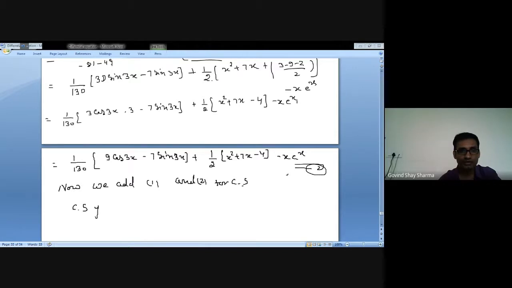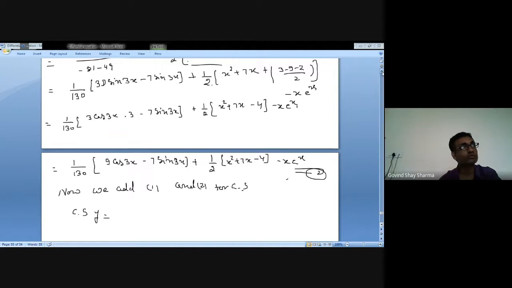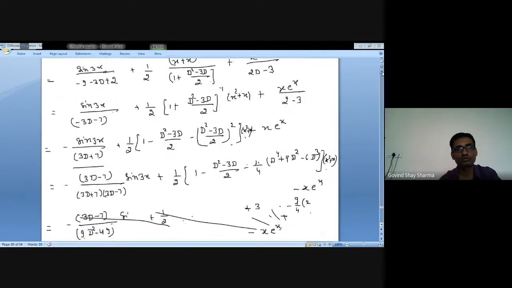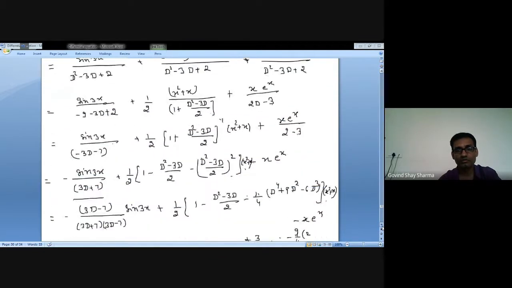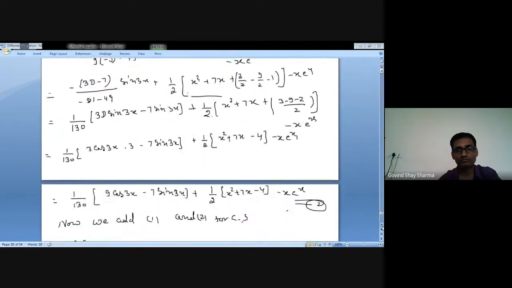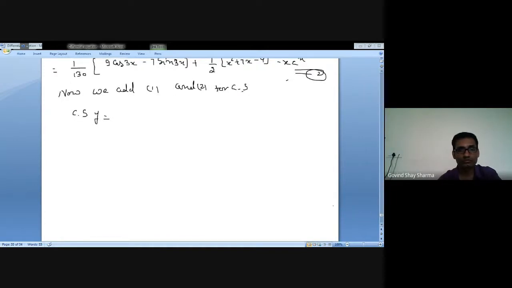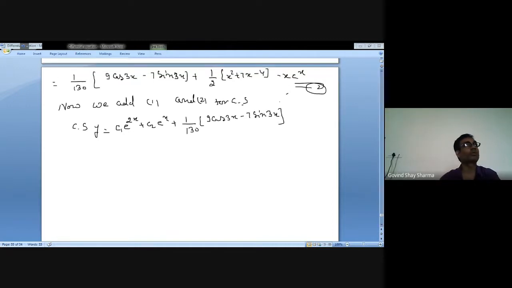So CS becomes y is equal to CF plus PI: C1 e to power 2x plus C2 e to power x plus 1 upon 130, 9 cos 3x minus 7 sin 3x, plus x square plus 7x minus 4. This is the complete solution.